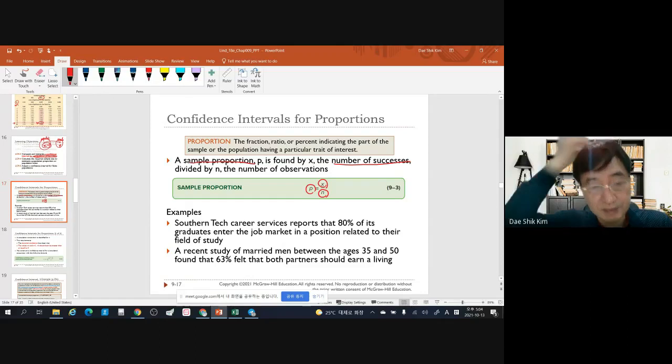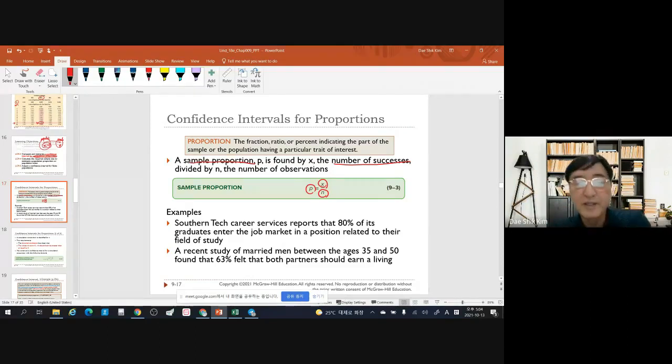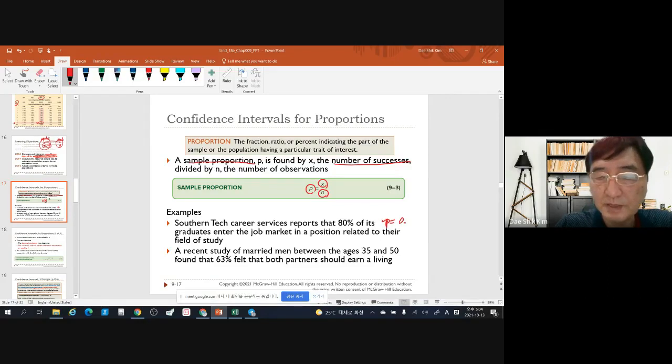For example, Southern Tech Career Service reported that 80% of its graduates enter the job market in a position related to their field of study, relating to their major. When they check it, p is 0.8.